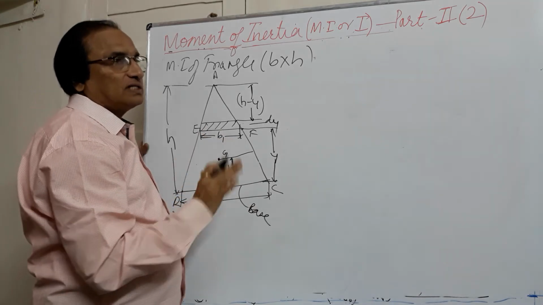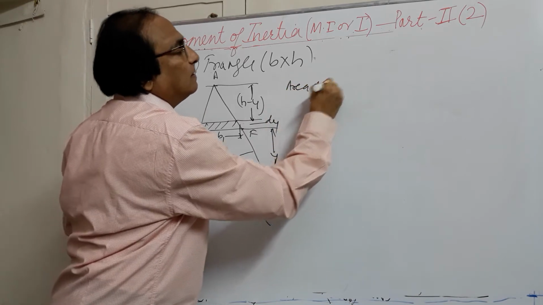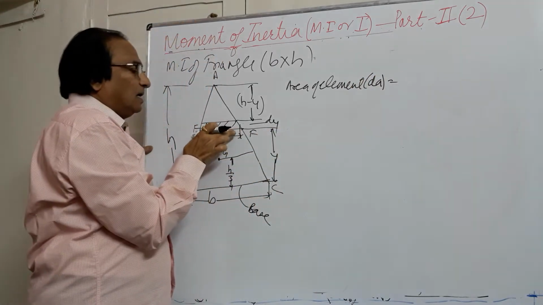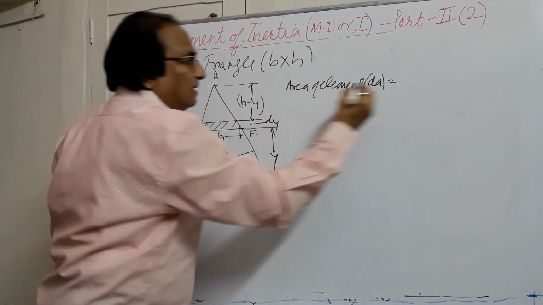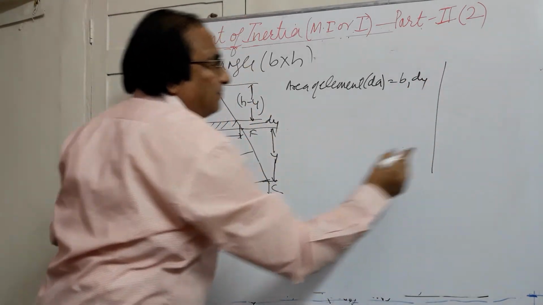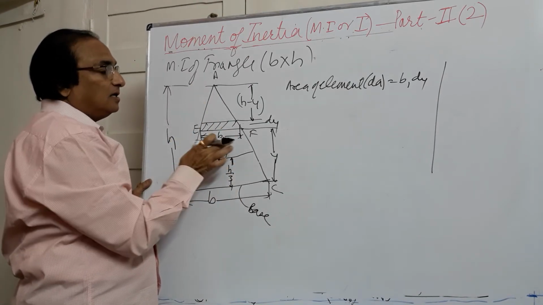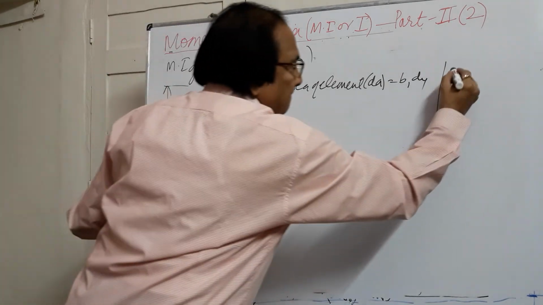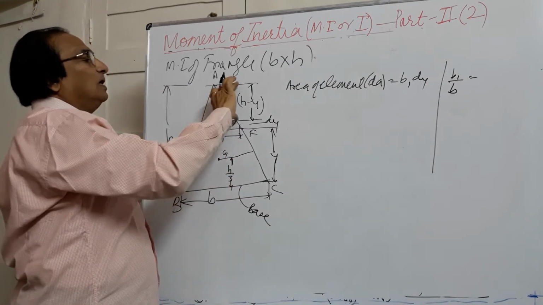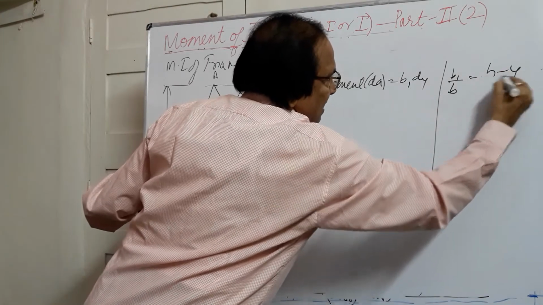So we know moment of inertia is area into square of the distance. So first we will go for area of element, which we call dA. What will be the area of this element? b1 into dy. Now here if I use the relation, AEF and ABC are similar triangles, so I will write b1 by b will be equal to h minus y divided by h.